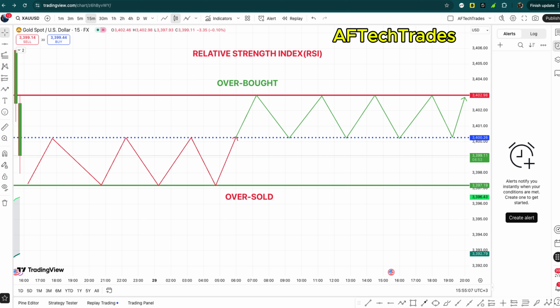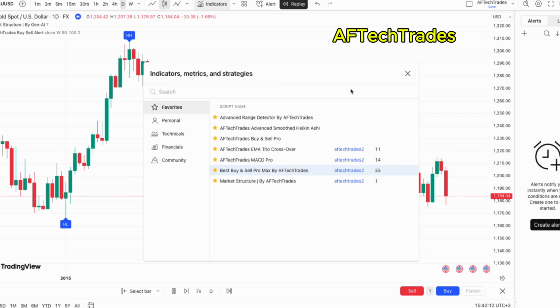But if the price is below 30, which we consider the oversold region, great opportunities for buys come in. There are different ways to trade this strategy using the RSI indicator. You need to combine it with other confluences for a higher probability win rate.